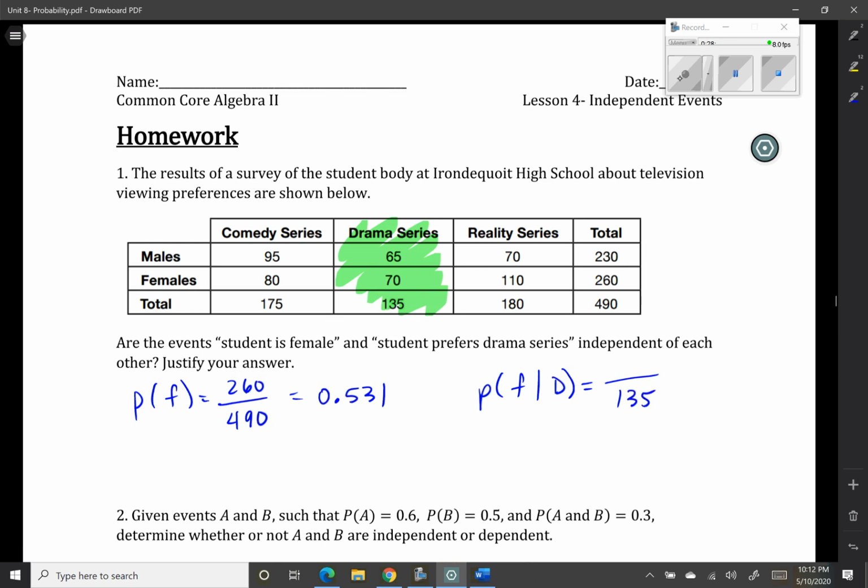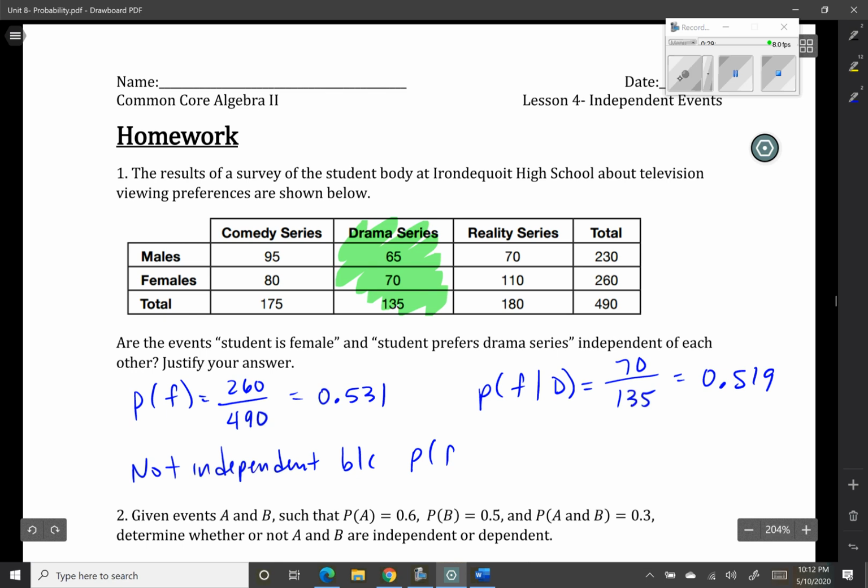Of those, 70 are female. If you did this, you get 0.519. These are different. So we can say these are not independent, because the probability of being female is not the same as being female given liking drama series.